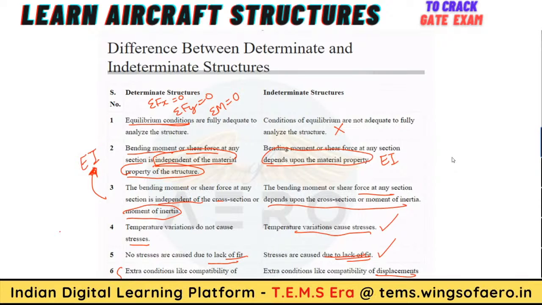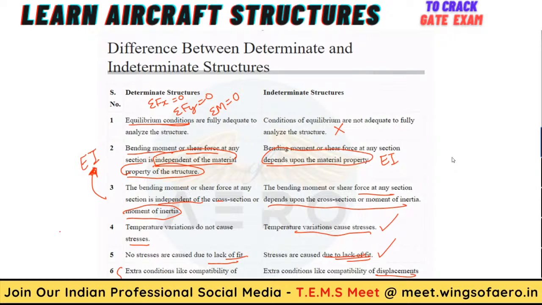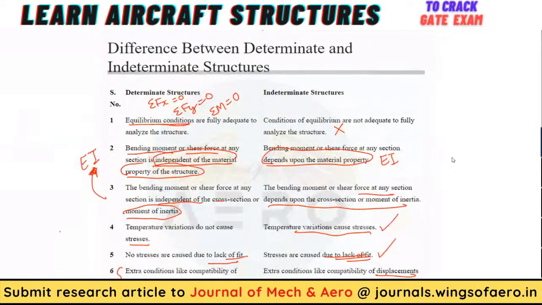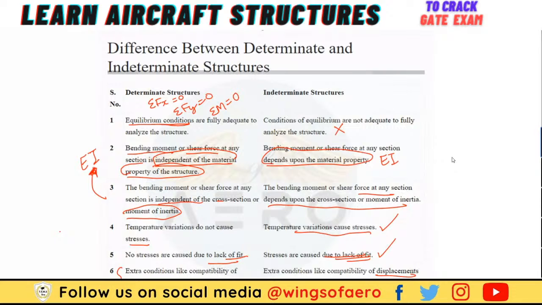But in an indeterminate structure we do consider the mode of fitting of two members, whether it is welding or whatever, there are a lot of methods of joints. So all those things vary in the indeterminate structure.